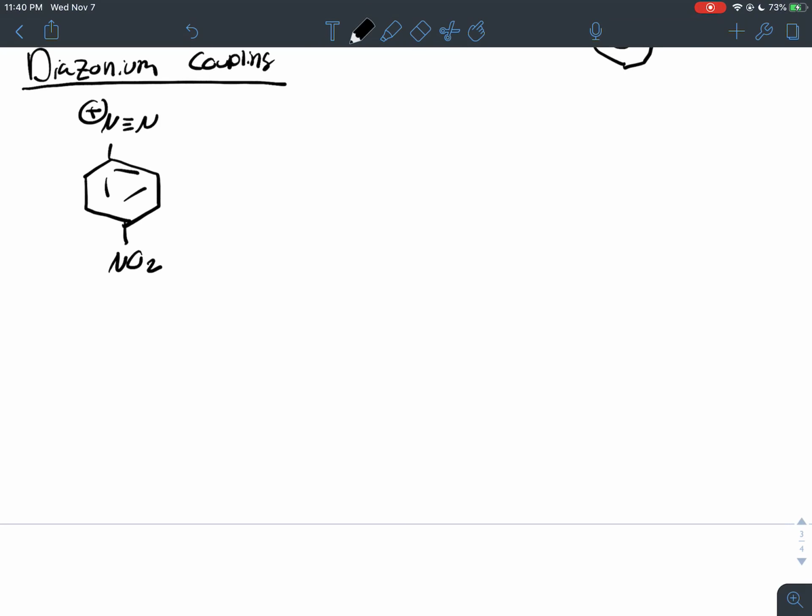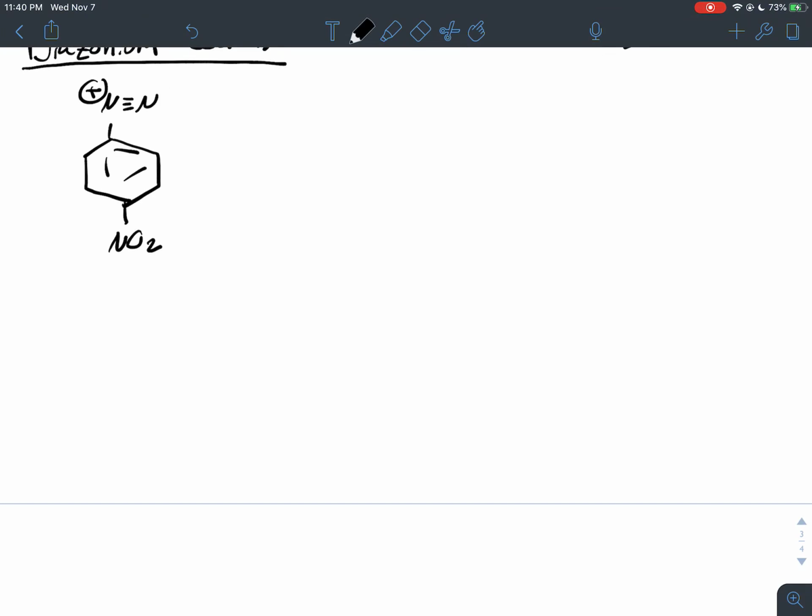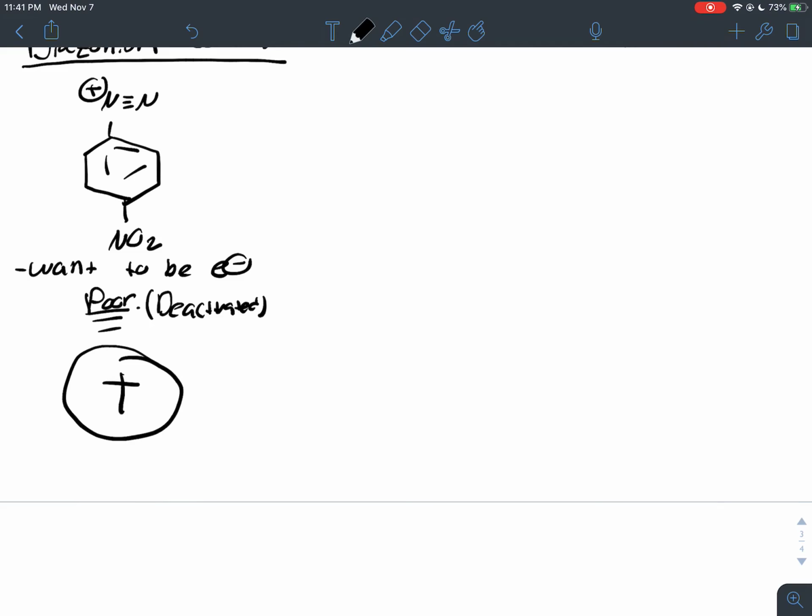For a good electrophile, we want this ring to be electron poor, so we want it to be deactivated. Hence the nitro group. And if it's deactivated, there's a bigger positive charge.